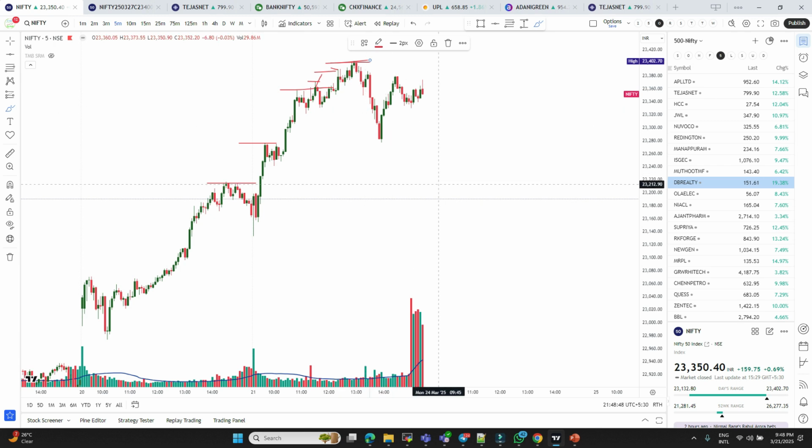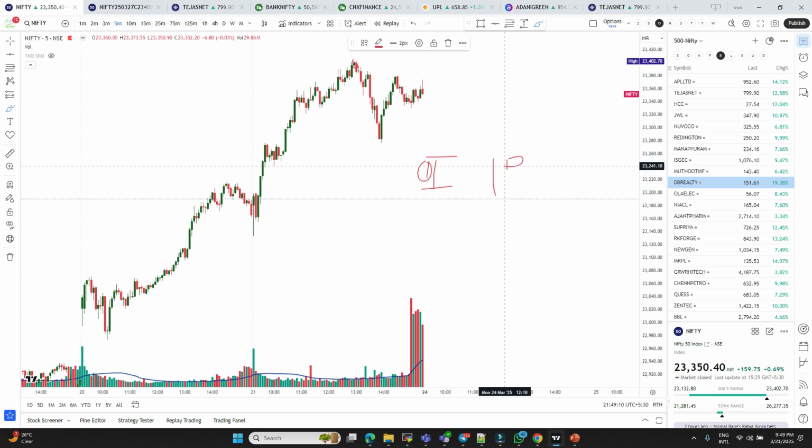After coming down, this is the inside candle, a small green candle. After that there is a big candle. This red candle is the outside candle and this green candle is the inside candle. If the green candle were the outside candle and the red candle the inside candle, you would mark the green candle side.